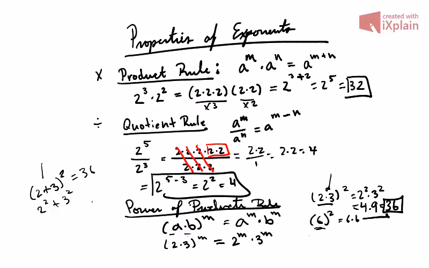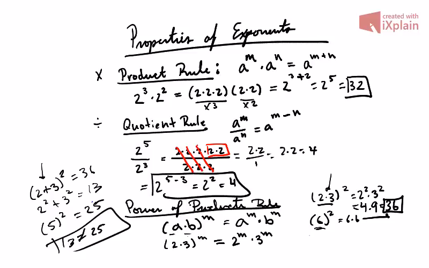And remember that you've got to add them first, okay? You've got to follow your order of operations. So this actually becomes 5 squared, which becomes 25, okay? 2 squared is 4 plus 9, 4 plus 9 is 13. 13 does not equal 25. So that is a common error, okay? So watch out. So hopefully this helps you understand the properties of exponents.